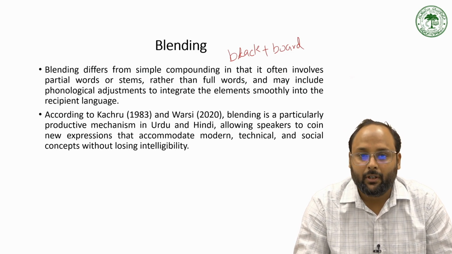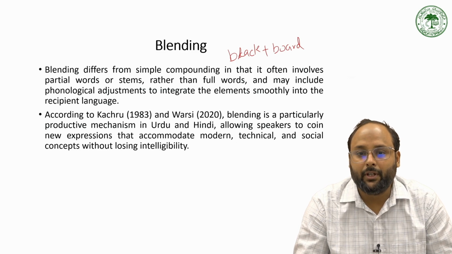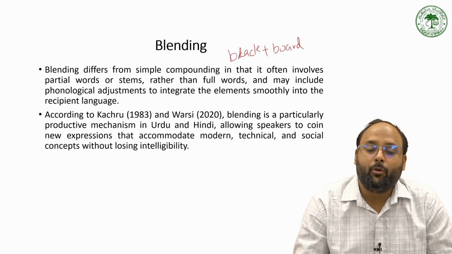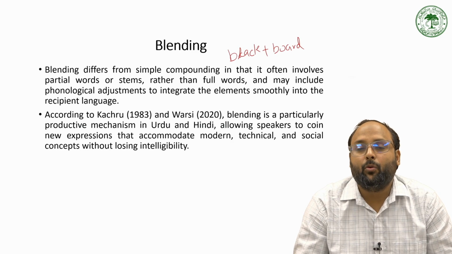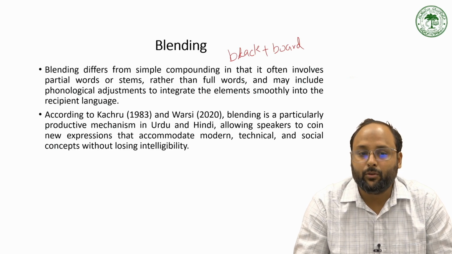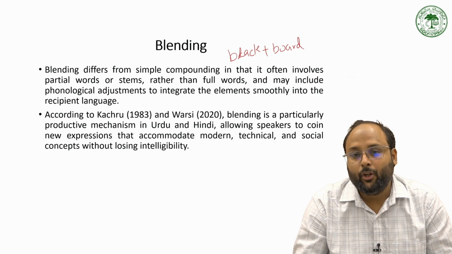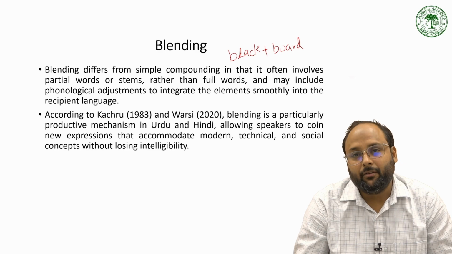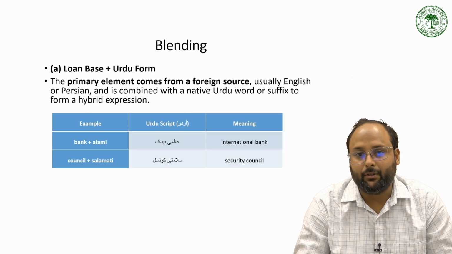That is called blending. As Kachru and Varsi 2020 define, blending is a particularly productive mechanism in Urdu Hindi, and it allows the speaker to coin new expressions that accommodate modern, technical and social concepts without losing intelligibility. So we can accommodate any modern and technical terms in our language by mixing the native and foreign language.